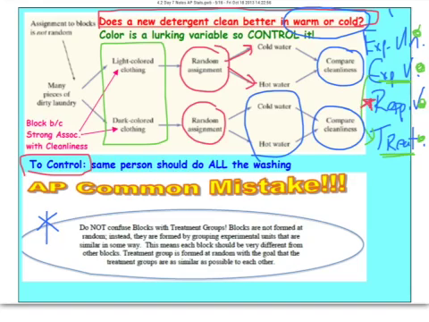Never does this question in our research talk about anything about the color of the clothing. So the treatment group is really addressed in the question of our research. Hot or cold water is our explanatory variable that we're using. The block is a lurking variable that we have to think about. It's never going to be directly stated to us. So just know the difference between the blocking part versus the treatment.